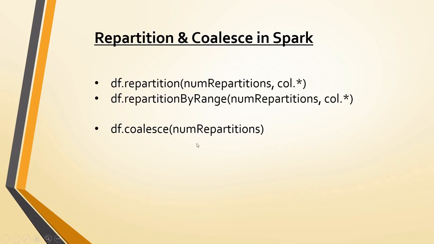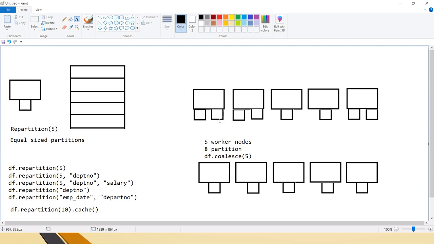Coalesce also does the same thing, it's similar to repartition, and it takes one parameter, which is the number of partitions. But if you want to decrease the number of partitions, then use coalesce. If you use coalesce for increasing the number of partitions, it will not do anything.